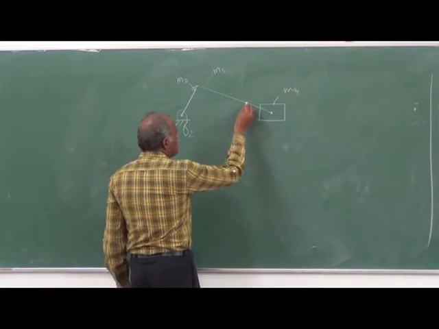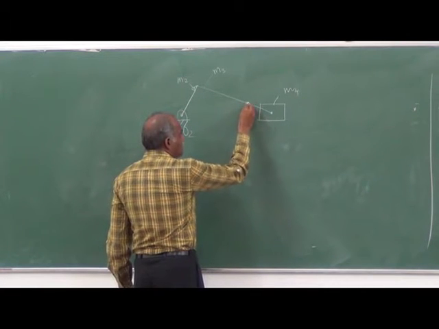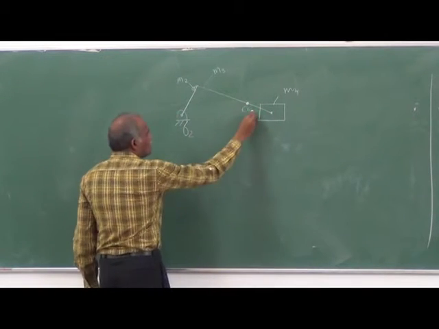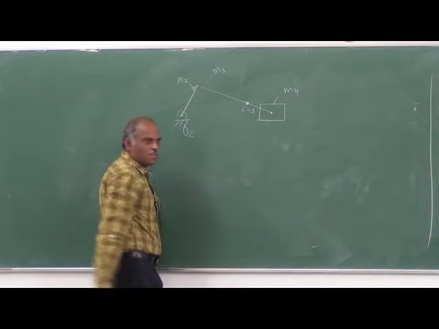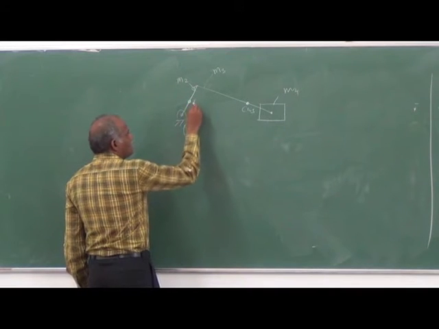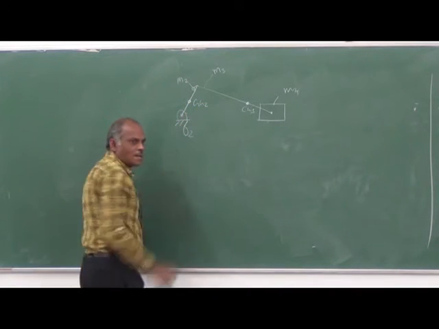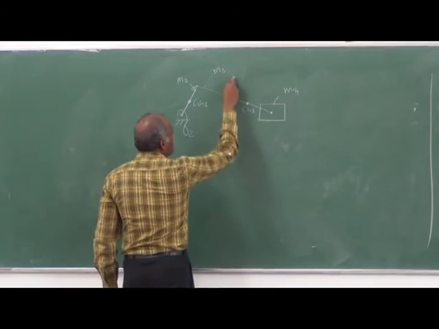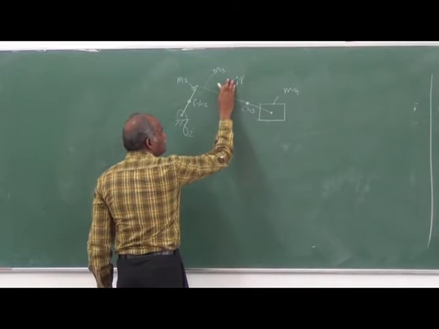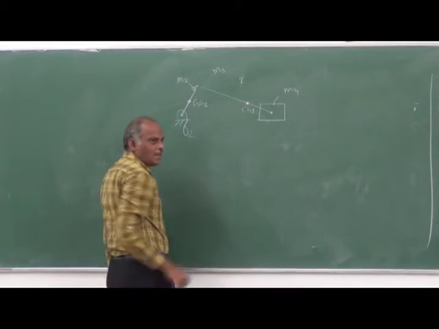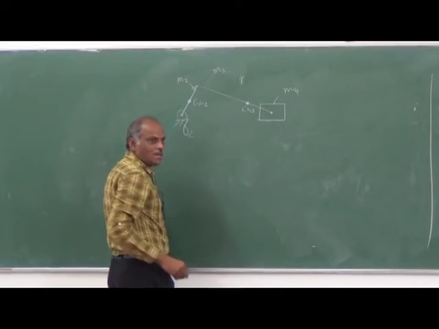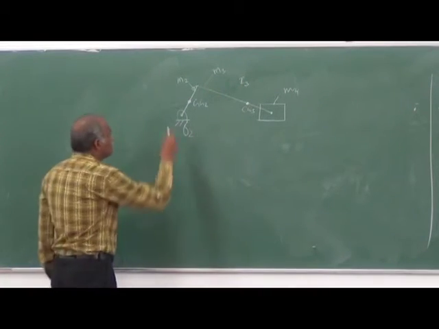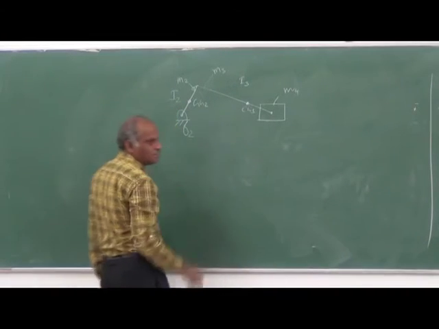And the center of gravity positions of the linkages are given. So CG3, the center of gravity of the connecting rod, is given, and the center of gravity of the crank position is given. Moment of inertia of the linkage 3, through the axis passing through the center of gravity, I3 is given, then I2 is given.